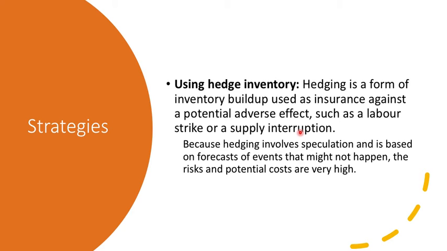Using hedge inventory. Hedging always comes when you try to avoid risk or you want to minimize risk. So hedging is a form of inventory buildup used as insurance against potential adverse effects such as a labor strike or supply interruption.